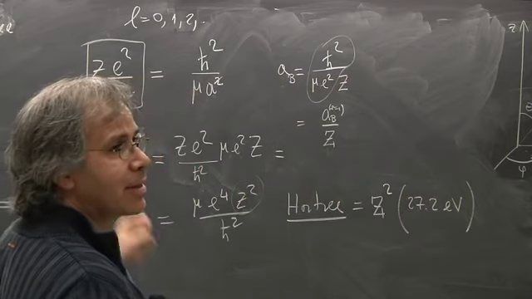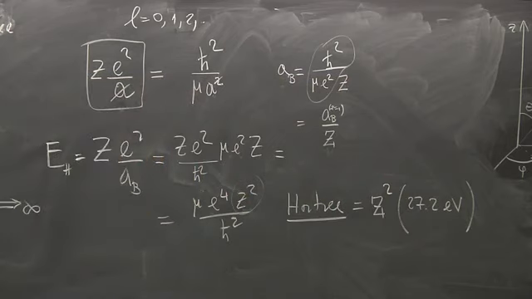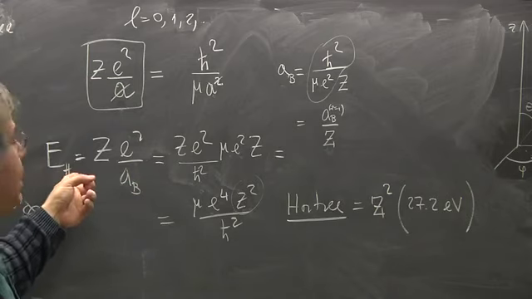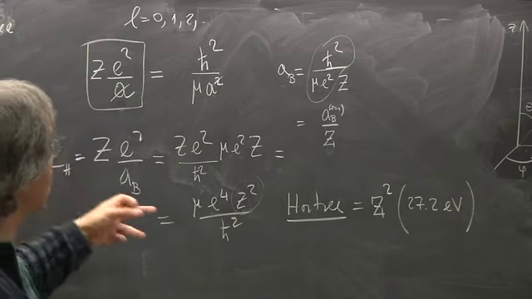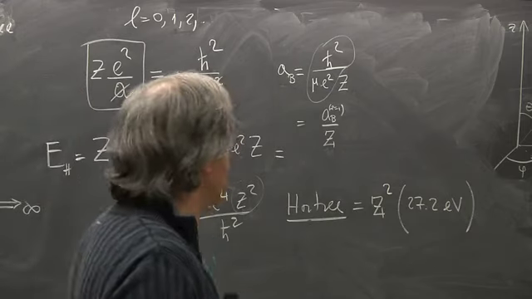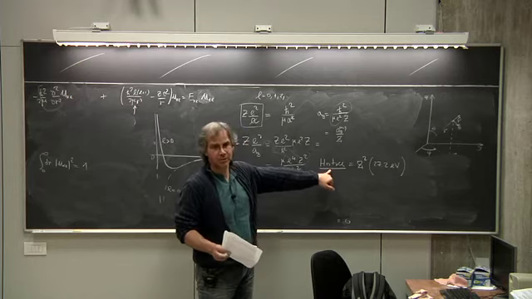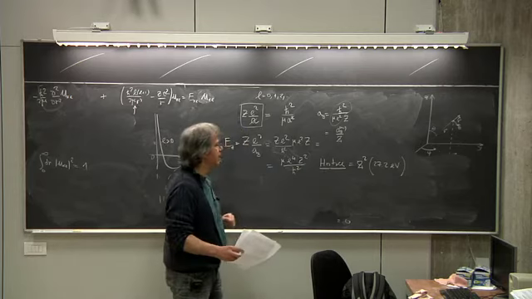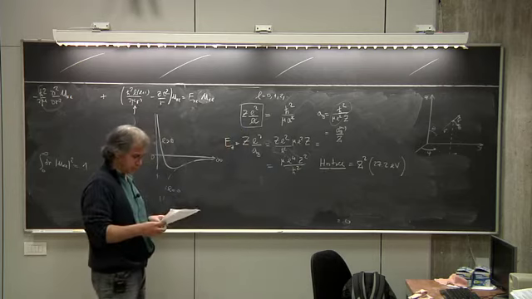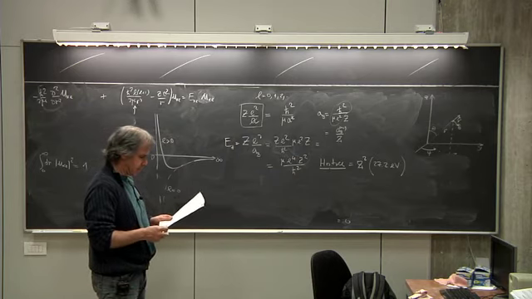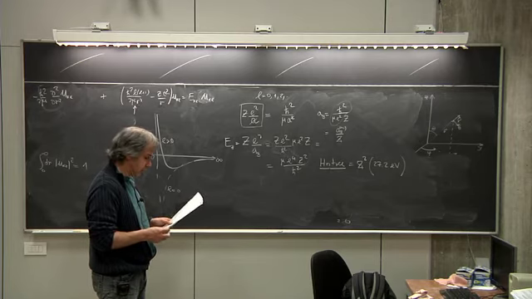In fact, atomic physicists use atomic units for which the unit of energy is just this. We'll see that the hydrogen atom ground state is half the Hartree. It's also called the Rydberg. But the Hartree is in fact the natural unit of the atomic units.